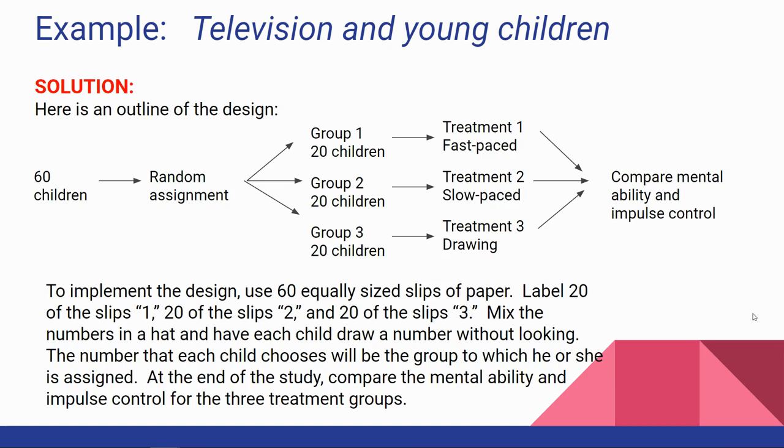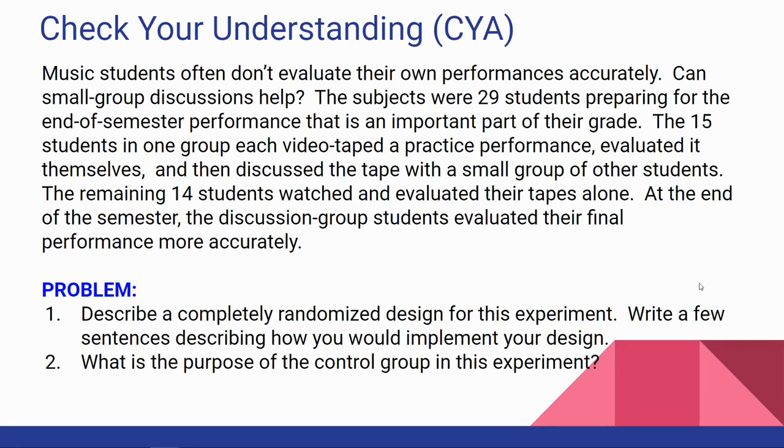Then you would assign treatment 1, treatment 2, and treatment 3 to their representative groups, and then you would compare the mental ability and impulse control, excuse me. So here's check your understanding. Again, I want you to describe a completely randomized design for this experiment and write a few sentences describing how you would implement your design, and what is the purpose of the control group in this experiment.